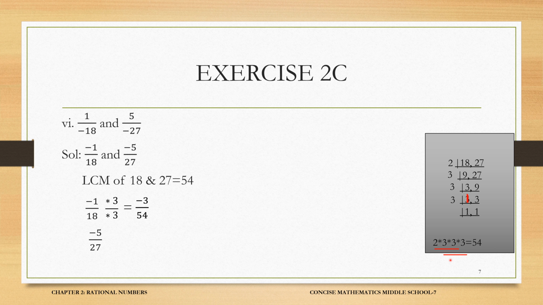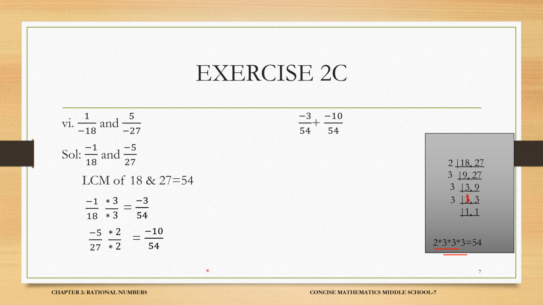So it is becoming 27. So 27 should be multiplied with extra. What is the leftover number? 2. So 27 should be multiplied with 2 to make it as 54. I hope you are able to understand. So minus into plus is minus, 5 twos are 10, 27 into 2 is 54.